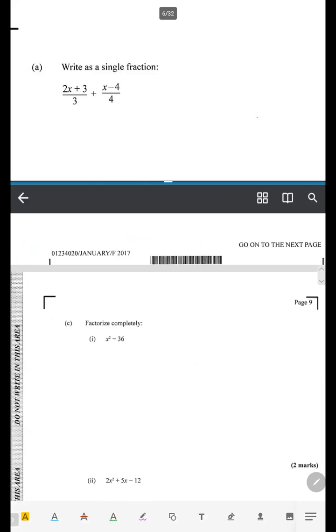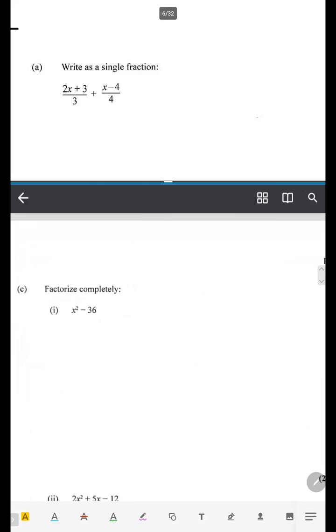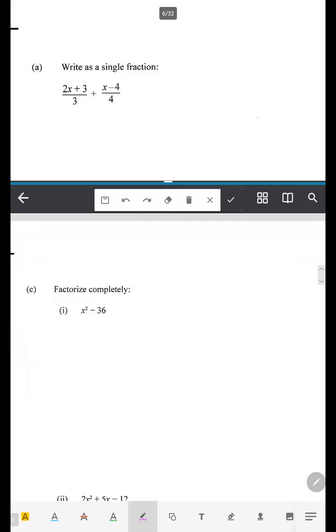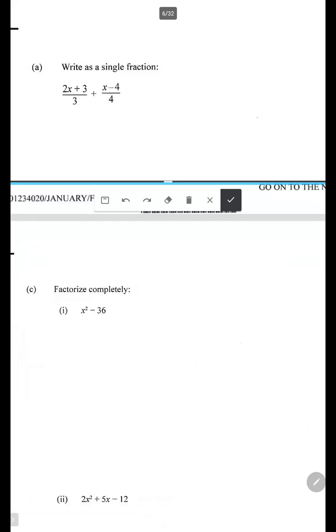So the next part is for us to factorize this. We see 2 terms there. That is clearly the difference of two squares, because the 36 is a perfect square. So this can be written as x squared minus 6 squared.